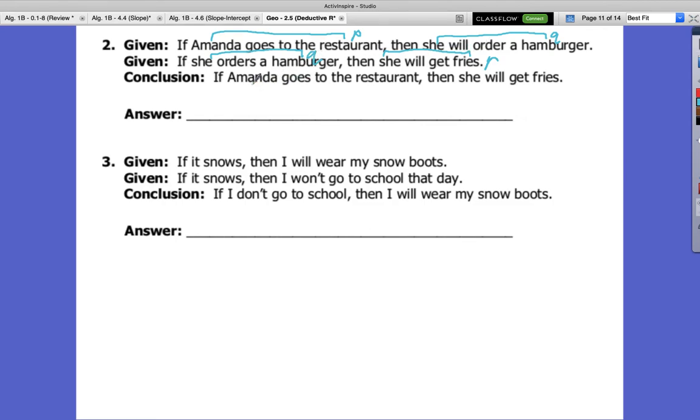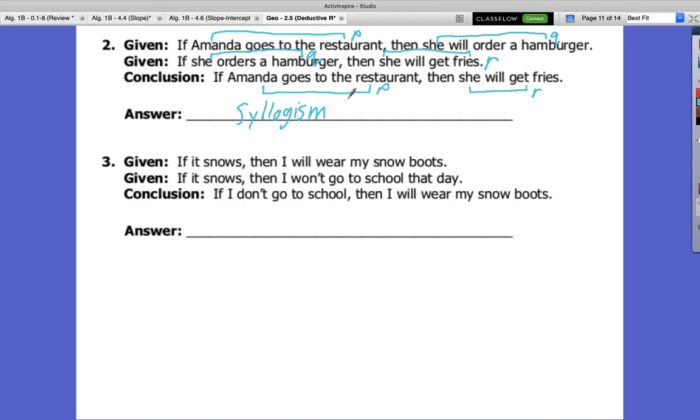Let's see if the conclusion that we draw from this matches up. If Amanda goes to the restaurant, that's P, then she will get fries, R. So that is what it's saying. The law of syllogism does make this valid. Now, if it were to have said if she gets fries, then Amanda went to the restaurant, well, we don't know that to be any sort of conclusion.